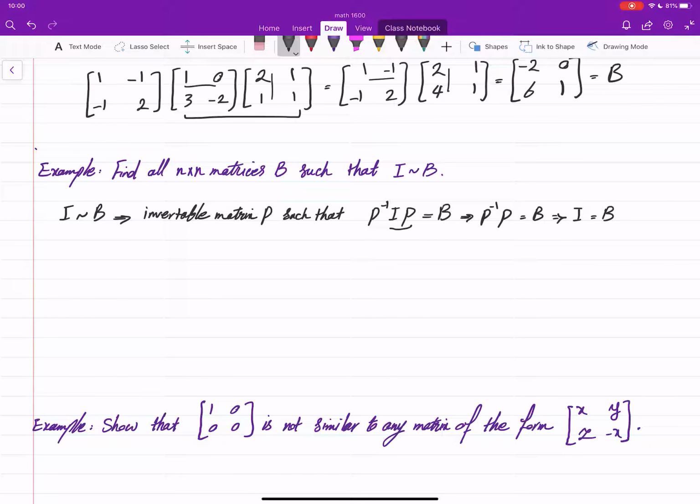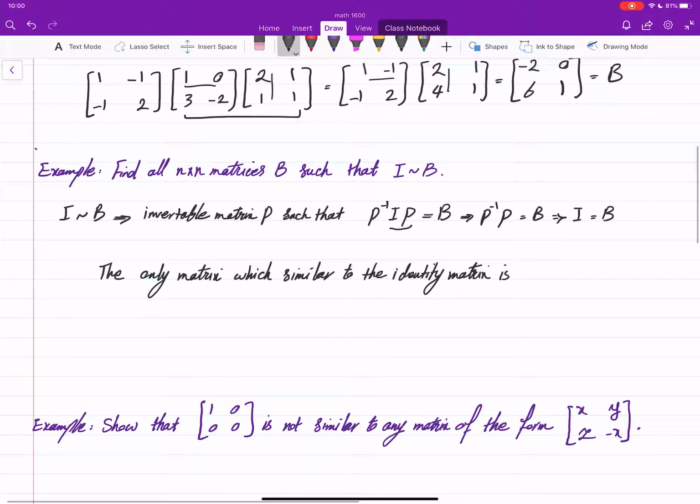What we showed here is that the only matrix which is similar to the identity matrix is the identity matrix itself.